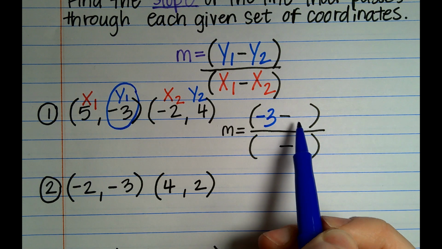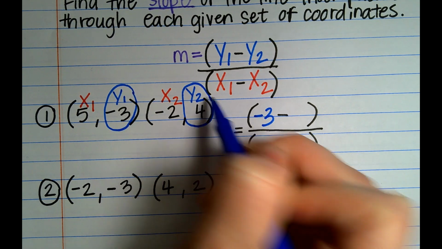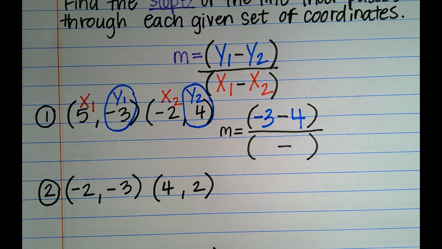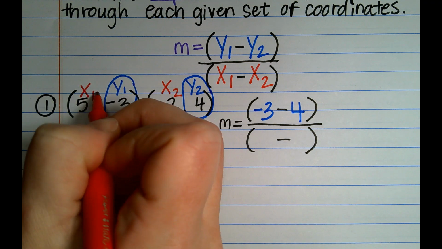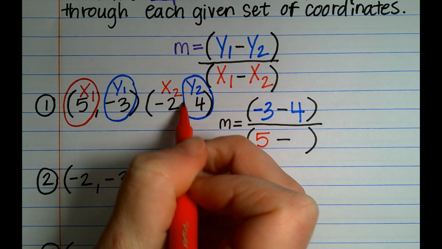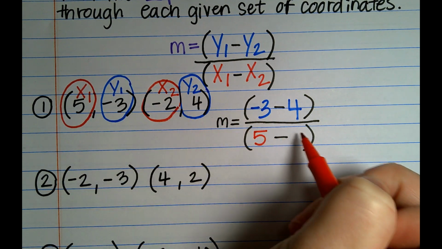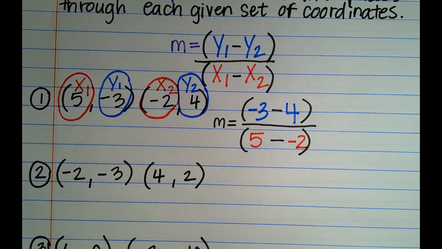What number goes next? 4. y2 is +4. And on the bottom, what number comes first? 5. Good. And then -2. Okay, so we got all our numbers plugged in.